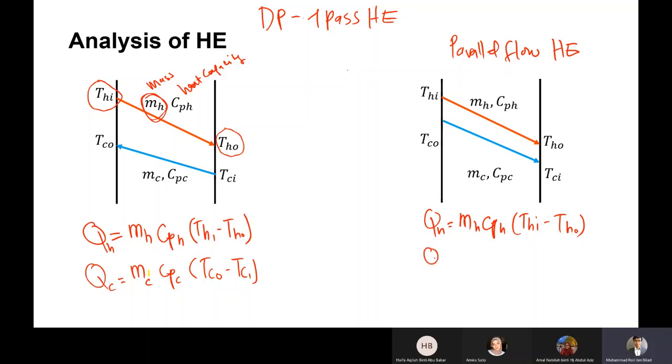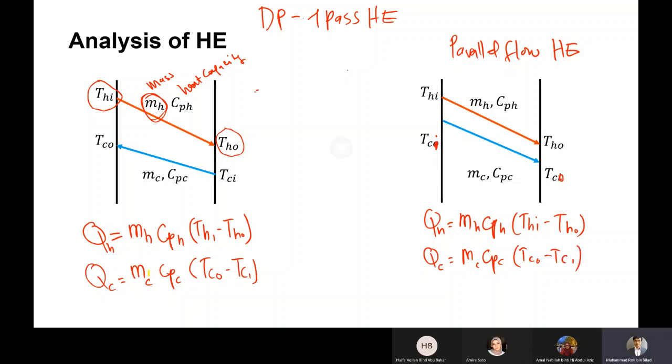And then Q cold equal to M cold, Cp cold, Tc out minus Tc in.